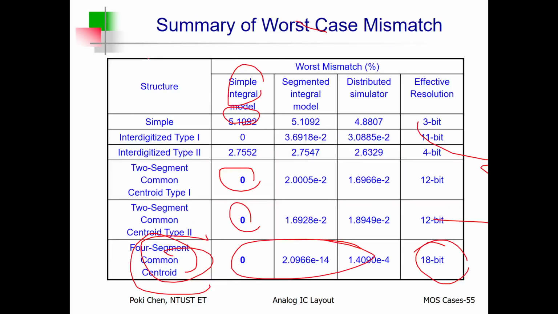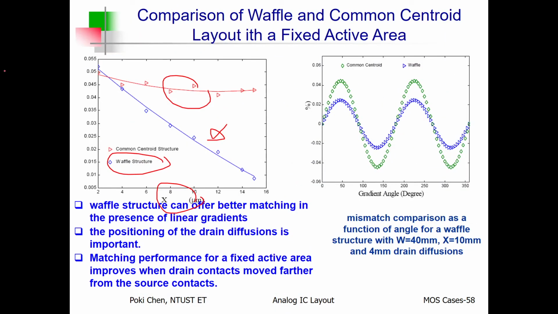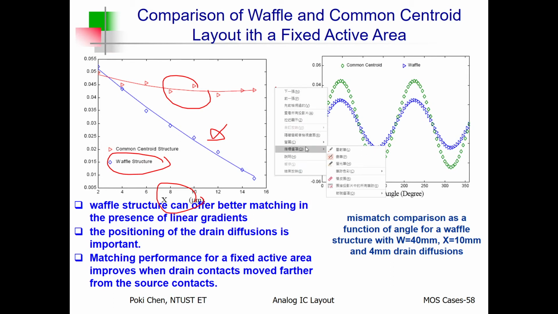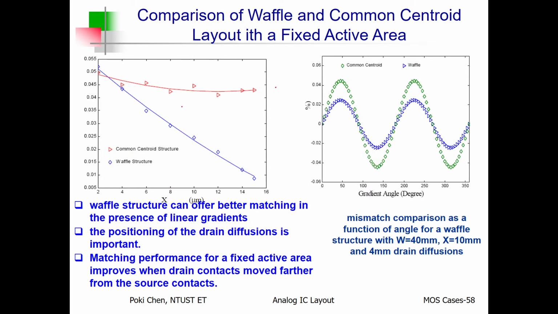You can see according to the coefficients, the blue line is usually less than the red line. So it means the new waffle structure is smaller in coefficients than the two-dimensional common centroid layout pattern.